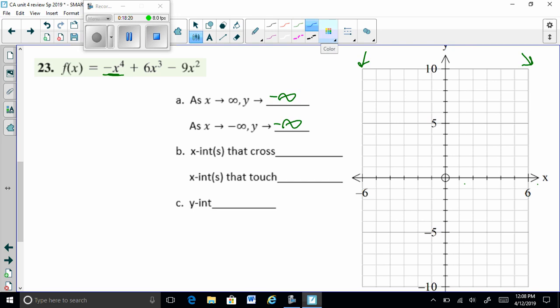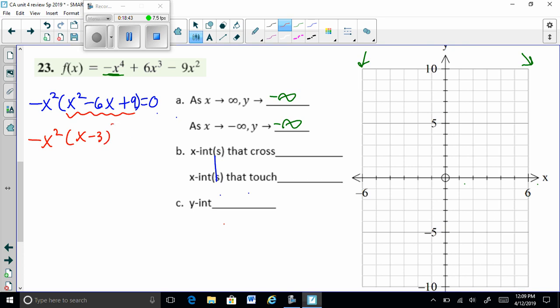Okay, so let's go ahead and find our x-intercept. I'm going to start by factoring out a negative x squared, and that's going to leave us with x squared minus 6x plus 9 equals 0. Now what you're going to notice is you actually end up with a perfect square trinomial here. And so you're going to get x minus 3 squared.